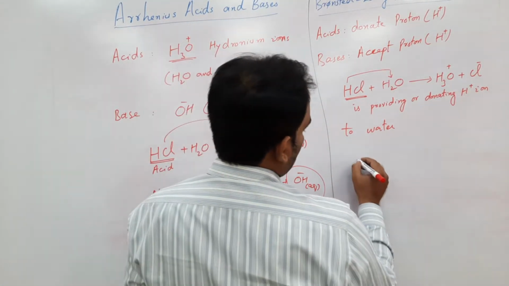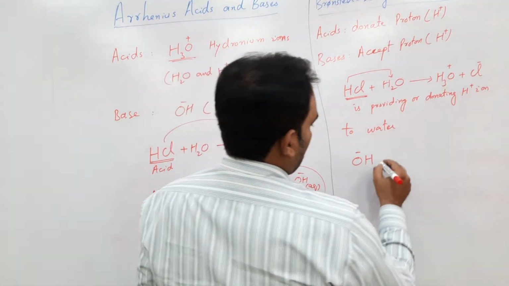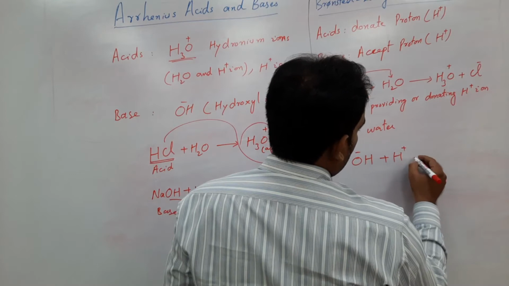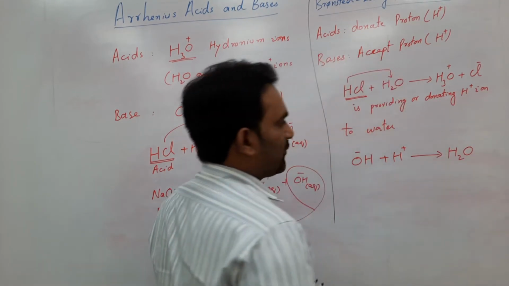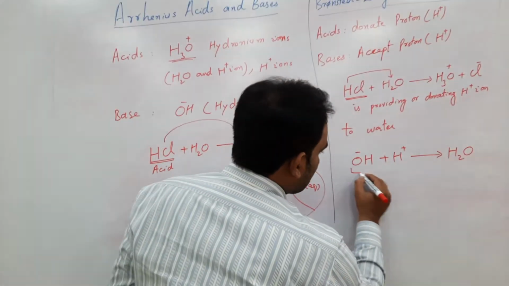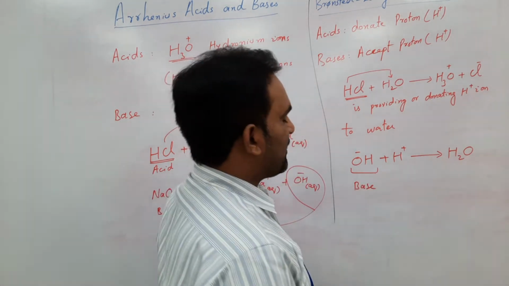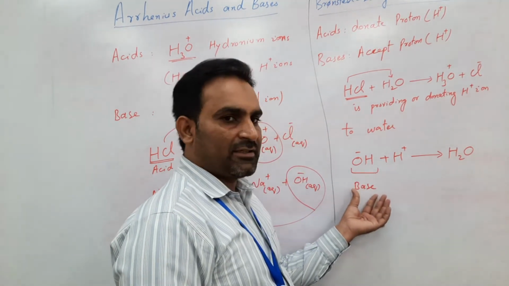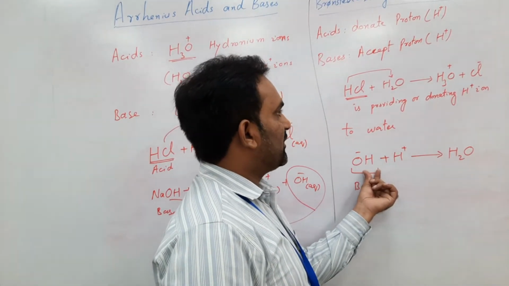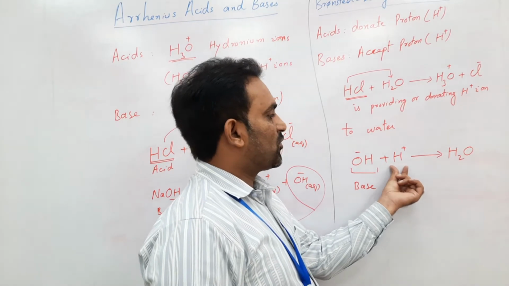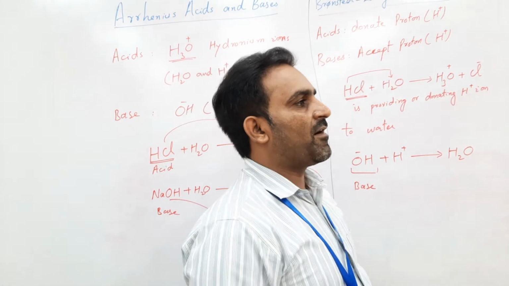Similarly, suppose we have hydroxyl ion, and here you have hydrogen ion. In this case, this OH will be called a base because it has the ability to accept this proton, so we call this hydroxyl ion a base.